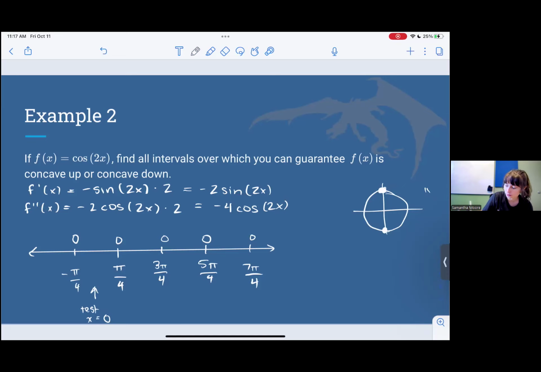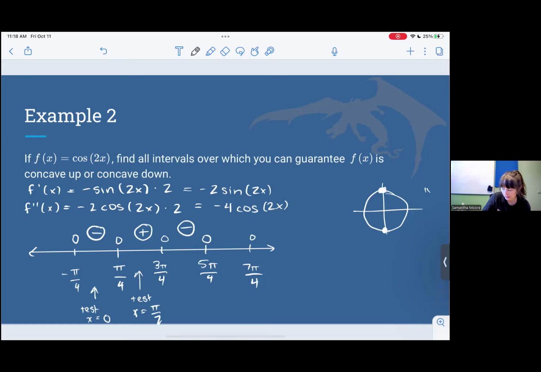And so in this region, f double prime is going to be negative. If I test x equals pi over 2, then f double prime equals -4 times cosine of pi. Cosine of pi is -1, so I get -4 times -1. So I get positive in this region.